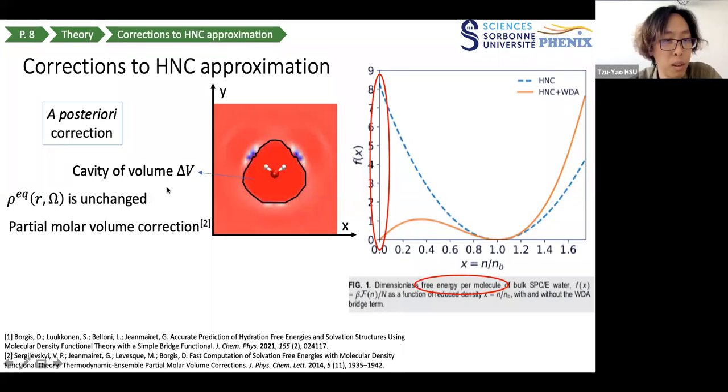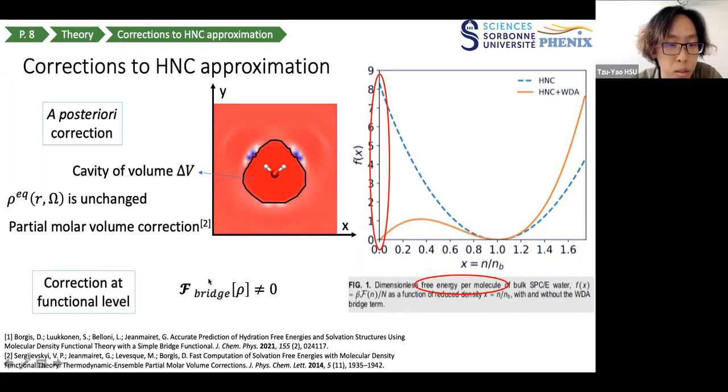This correction method is also adopted in the theory of RISM, the reference interaction site model. The other strategy is to propose some form of bridge functional to recover some characteristics of third and higher order functional terms. And we call this strategy correction at the functional level.